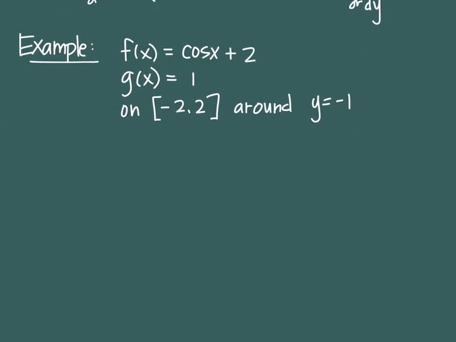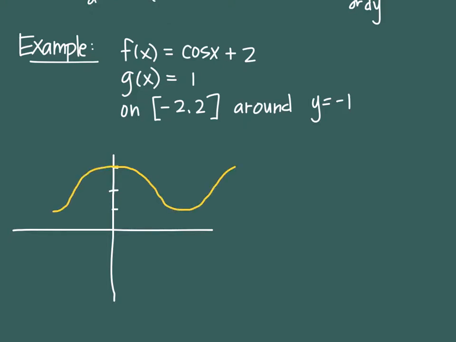Okay, we've got to picture this. So cosine of x plus 2. If I take cosine of x and I shift it up 2, the graph will look like this. That's the graph of cosine.